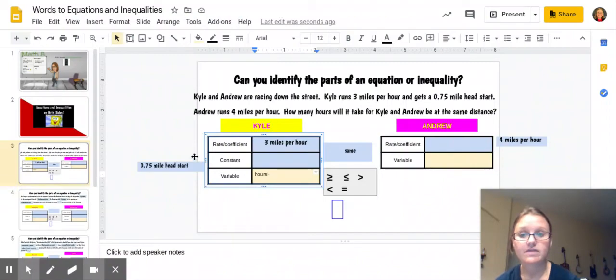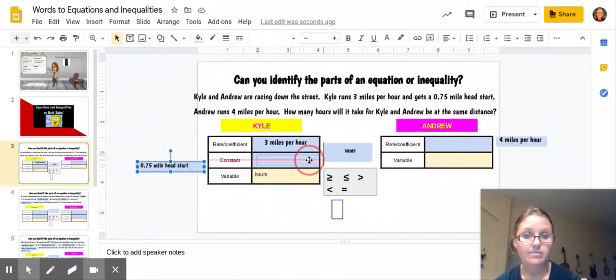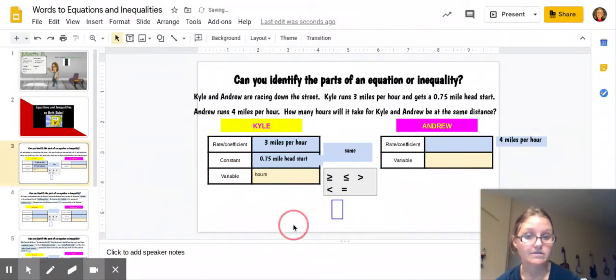In this case, this 0.75 mile head start, this 3/4 mile head start, is happening once at the beginning, so it would be our constant. So we've got our rate or coefficient of 3 miles per hour, our constant of 0.75 miles head start, and our variable of hours.